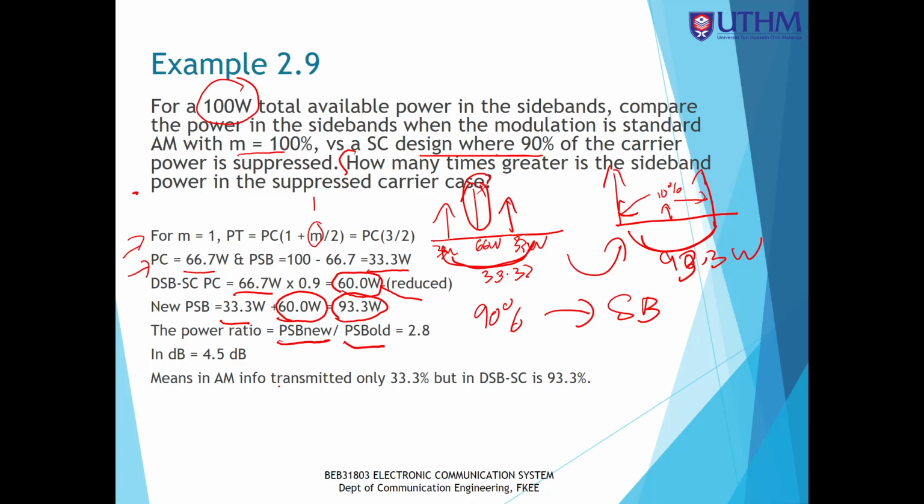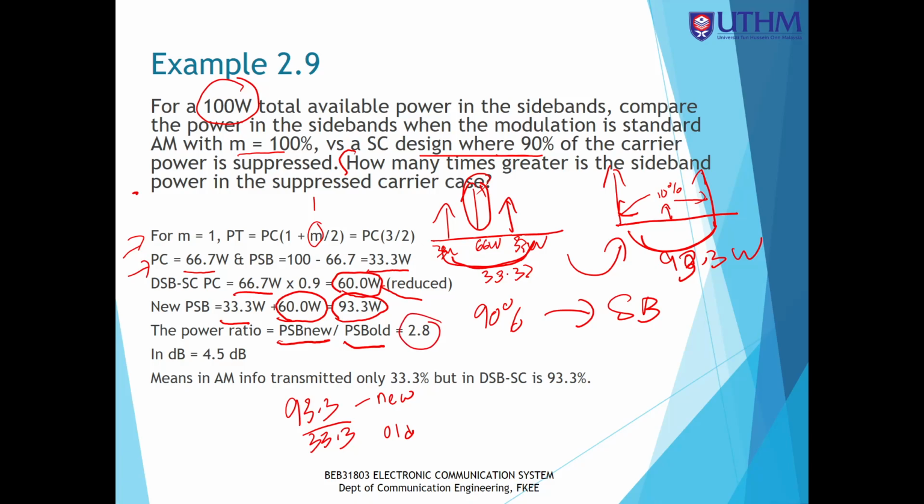So this is 93.3 divided by 33.3. The old power sideband in double sideband full carrier is 33.3, and the new power sideband in the suppressed carrier is 93.3 after the suppression. When you divide this, you get 2.8.